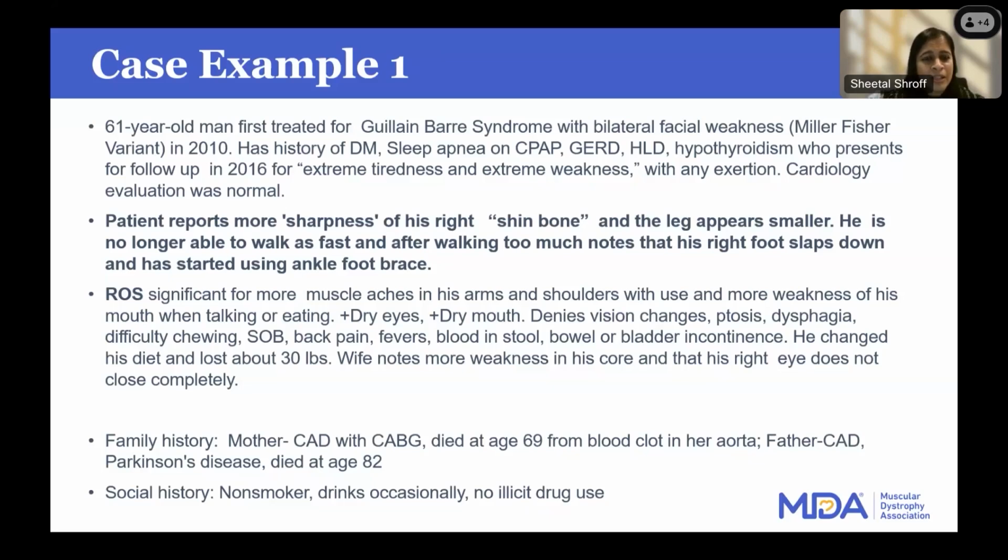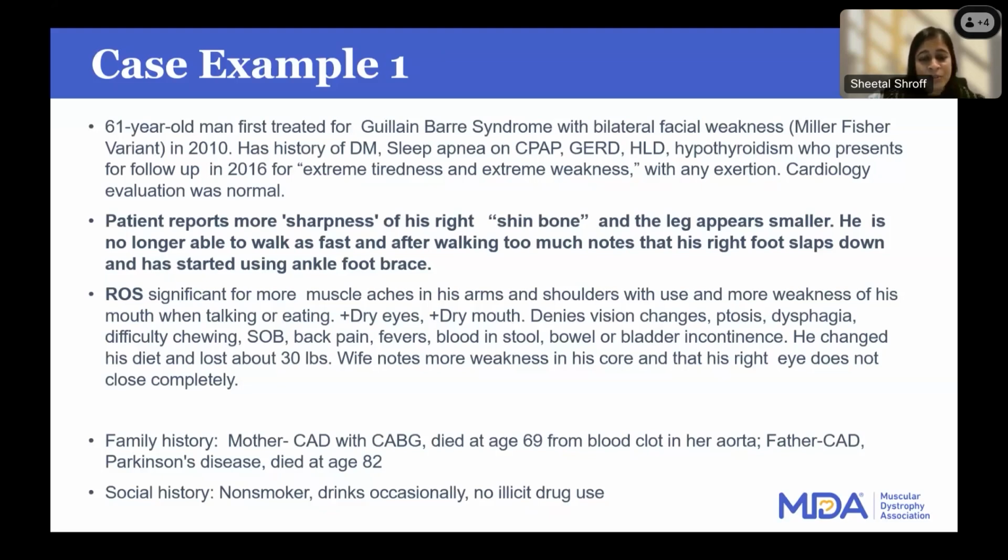So basically he's telling us his shin has gotten more prominent, which means the tissue around it, or the muscle, might have shrunk, and that's probably why he's noticing the prominent shin bone. And he says his leg is smaller as well, so that tells me there is some amount of muscle atrophy going on in his leg.